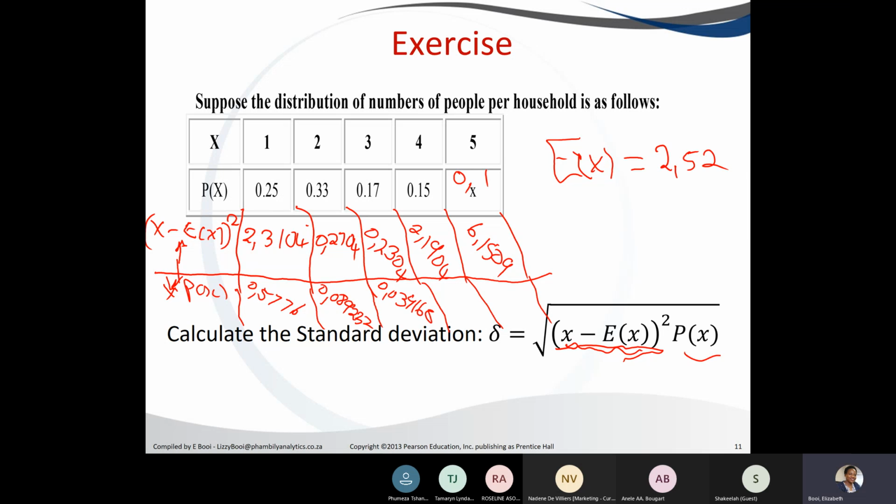And the next one is 2.1904 multiplied by 0.15, I get 0.32856.